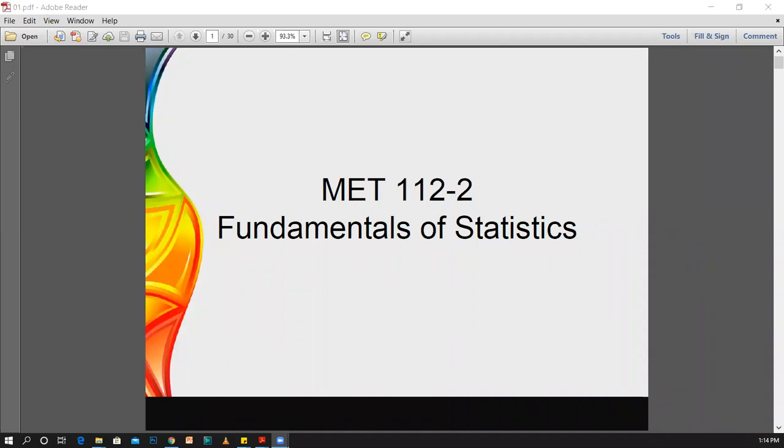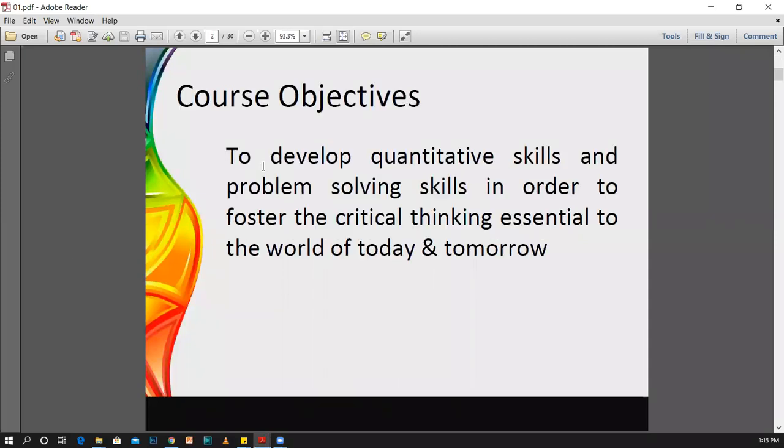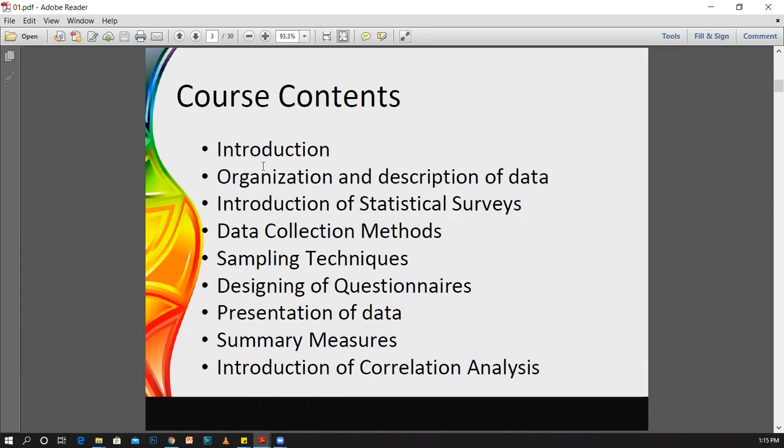Okay, this is MET 1122 Fundamentals of Statistics. The objective of the course is to develop quantitative skills and problem solving skills in order to foster the critical thinking essential to the world of today and tomorrow. If you go through the course content, this is actually the course outline.